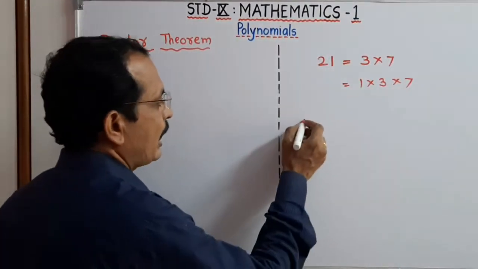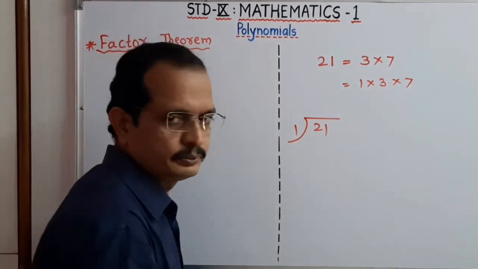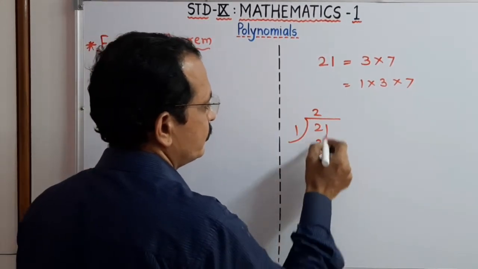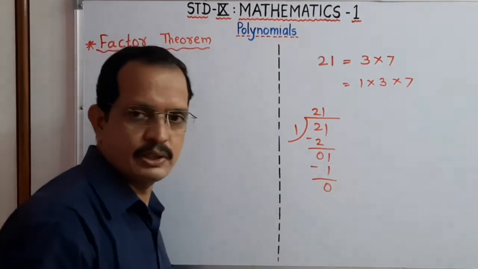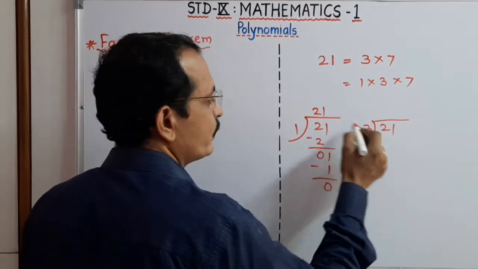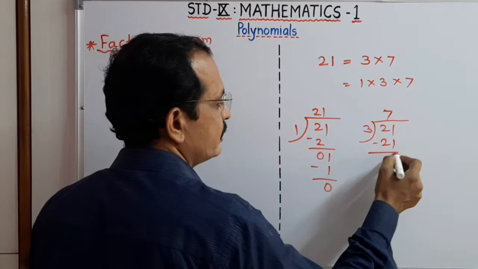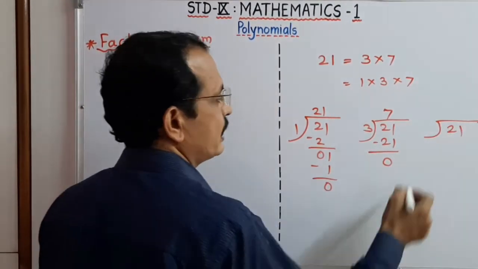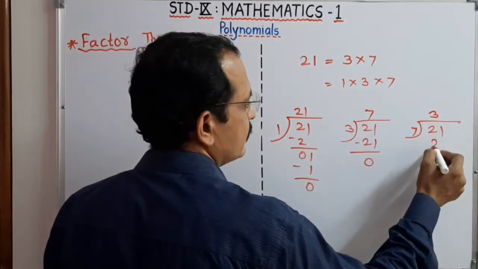Suppose I do the division. It is 21 divided by 1. All of you understand this? Then the same 21 I have to divide by 3. 3 7s are 21. It is 0. If I divide the same 21 by 7, then 7 3s are 21.